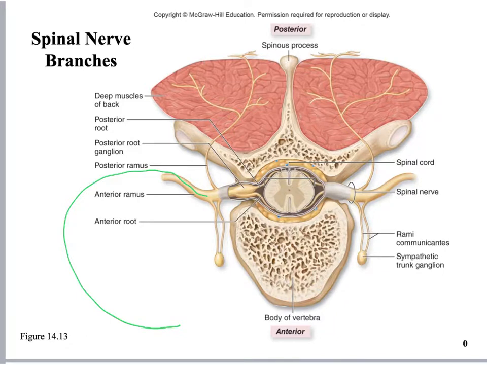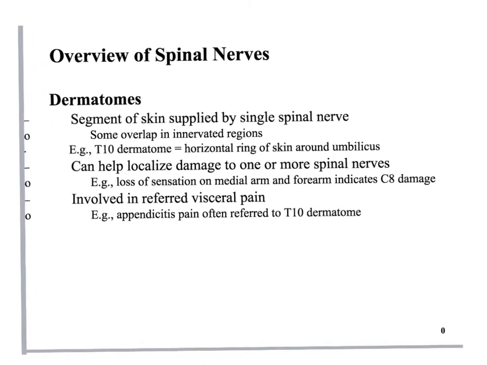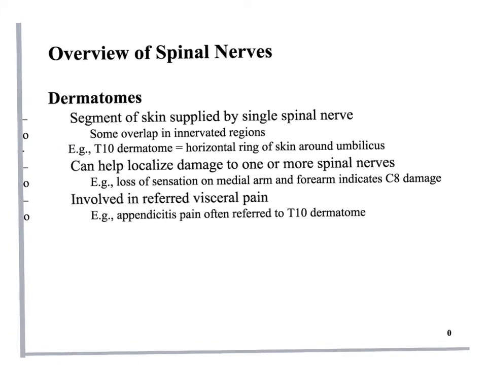And your rami communicantes, that's kind of this extension of the sympathetic trunk. Ganglia, right? Ganglia, a collection of cell bodies. Autonomic motor neurons.